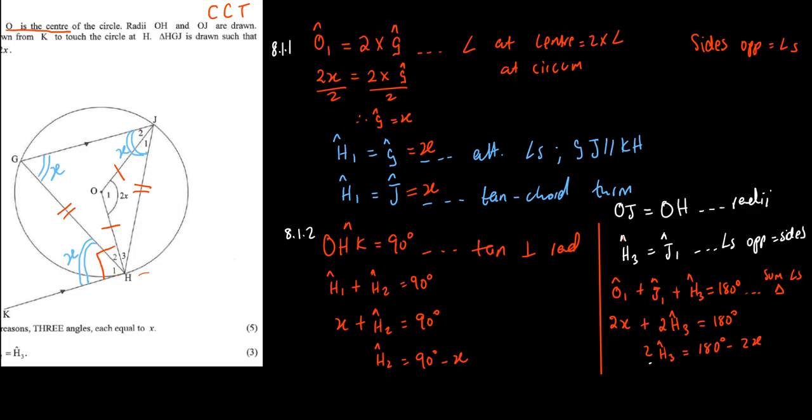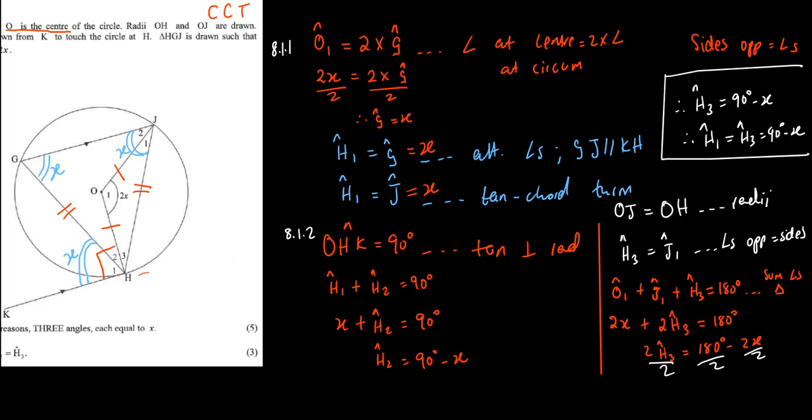Then if I divide everything by 2, then I can conclude to say H3 is equal to 90 minus x, isn't it? Which is the same as H2. So we conclude to say therefore H1 is going to be equal to H3, because both of them are 90 minus x. Right. This 90 minus x.